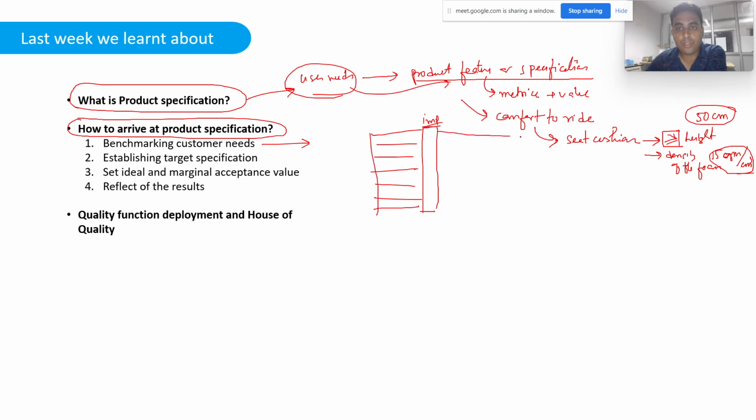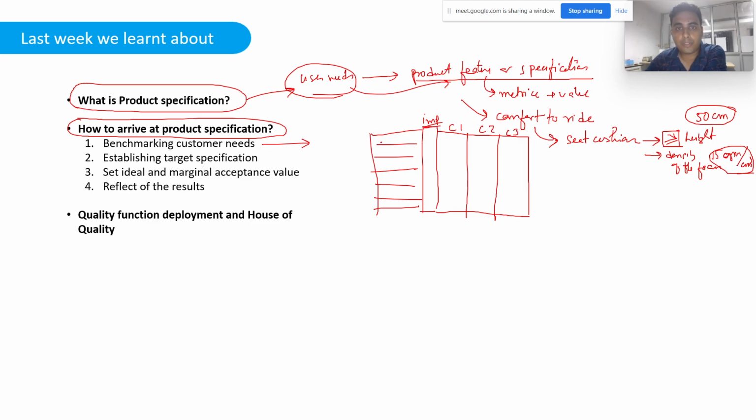And then we gather information on customer reviews for various competitive products or companies. For example, company 1, company 2, company 3.